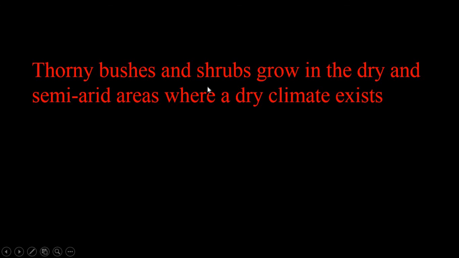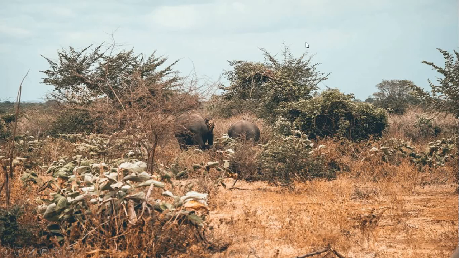Thorny bushes and shrubs grow in the dry and semi-arid zones, areas where a dry climate exists. So in the dry climate you can see bushes and shrubs. Here, this is an area where you can see bushes and shrubs.